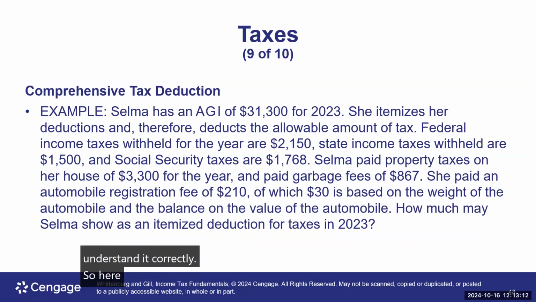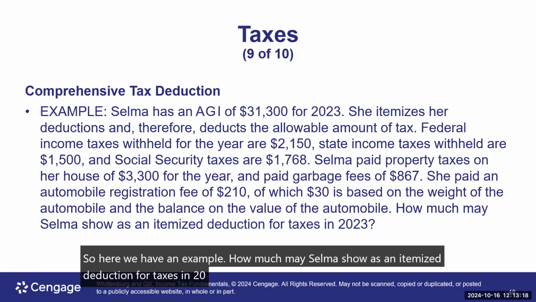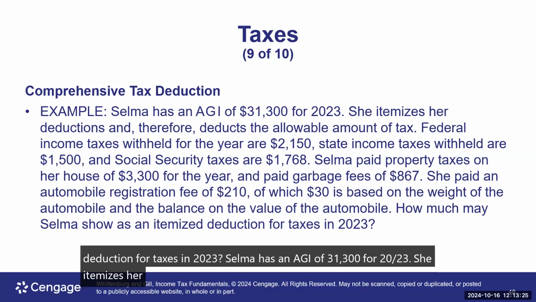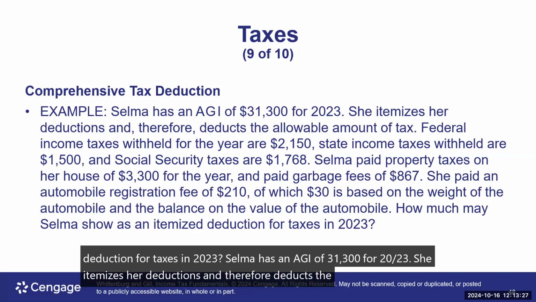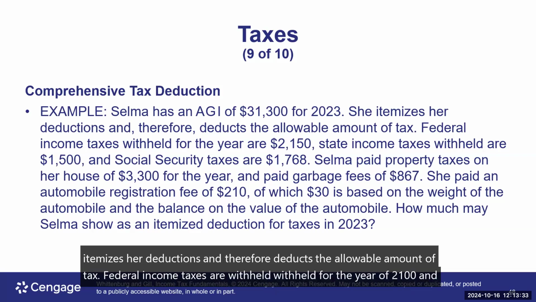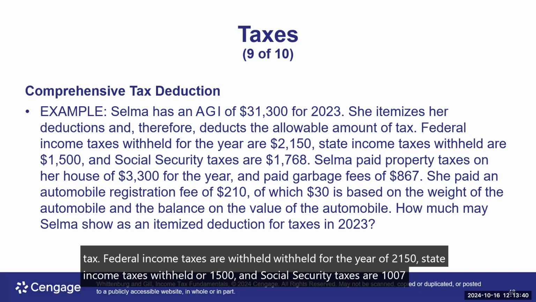So here we have an example. How much may Selma show as an itemized deduction for taxes in 2023? Selma has an AGI of 31,300 for 2023. She itemizes her deductions and therefore deducts the allowable amount of tax. Federal income taxes withheld for the year are 2,150. State income taxes withheld are 1,500, and Social Security taxes are $1,768.